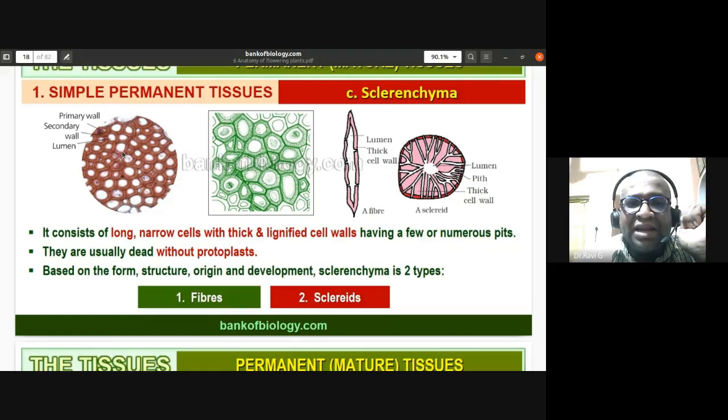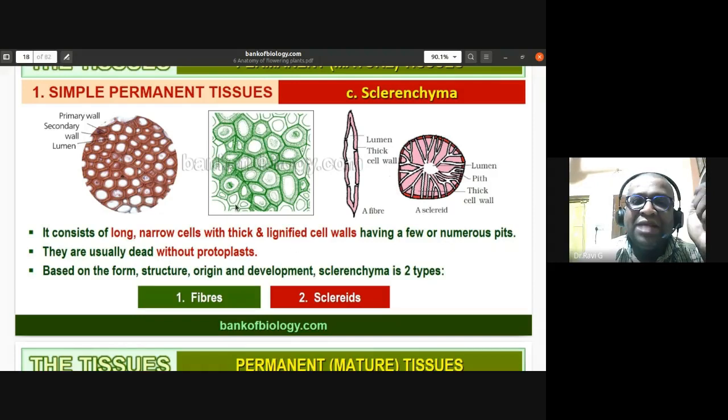The secondary layer of cell wall is thicker, and they have few or numerous pits. You can notice the thick lignified cell wall and the pits.